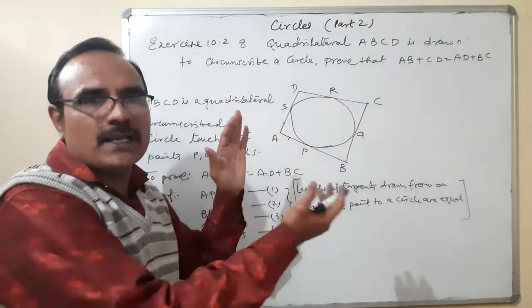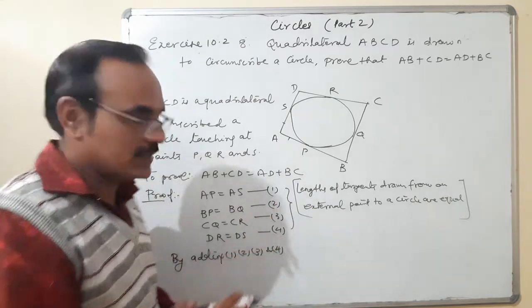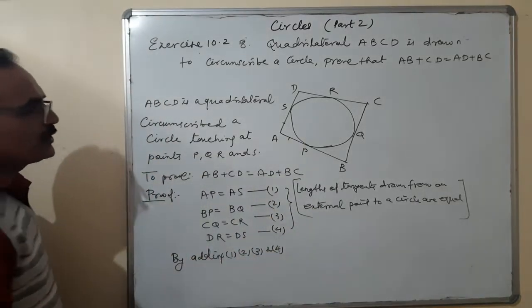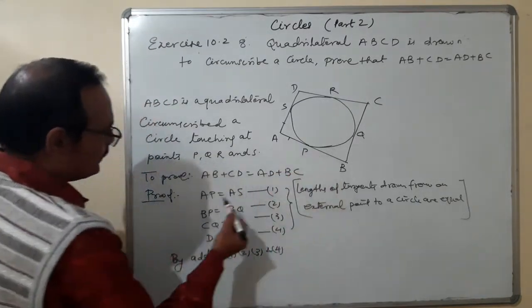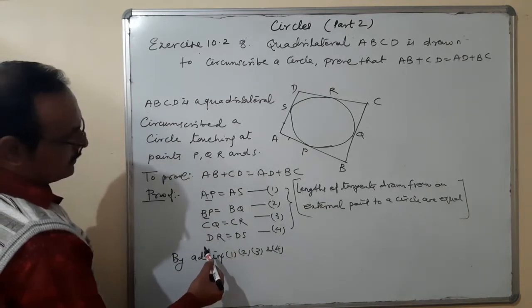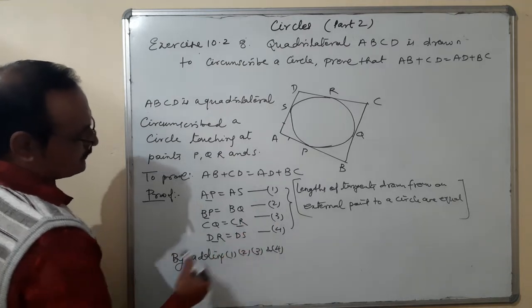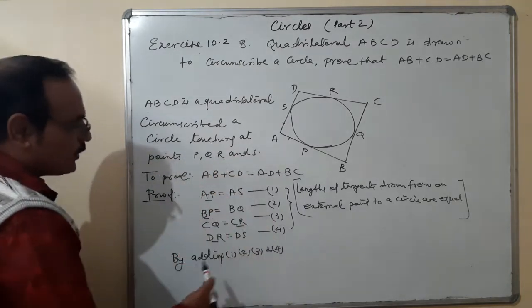So these 4 parts have to be kept on one side and the remaining parts on the other side. Adding 1, 2, 3 and 4.